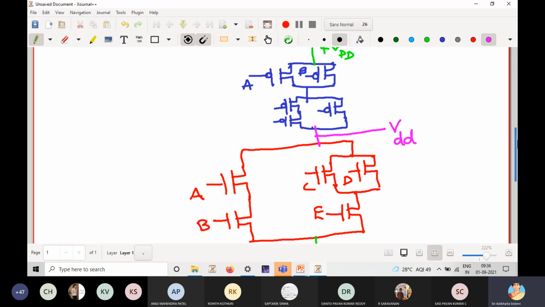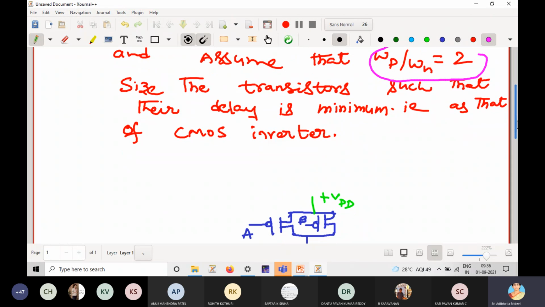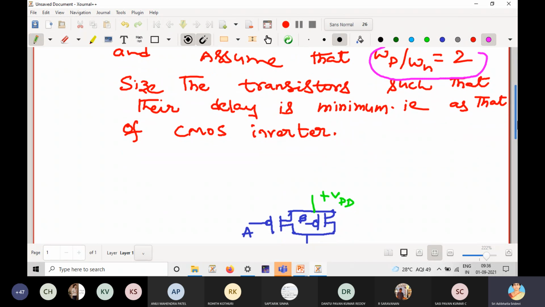What I said: WP by WN equal to 2. What does it mean? If the basic size of NMOS is W, basic width I can say simply, okay?